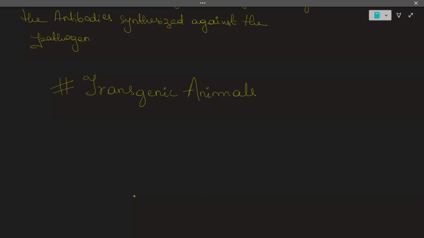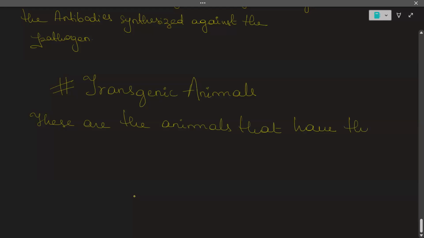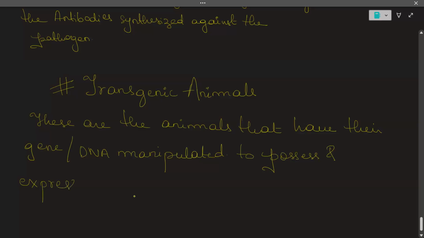So transgenic animals are the animals that have their genes, or you can say their DNA, manipulated so that they possess and express an extra, or you can say foreign, gene.